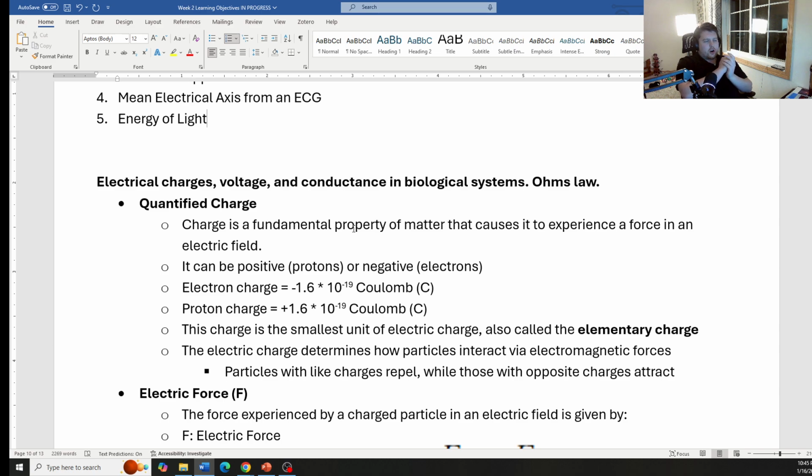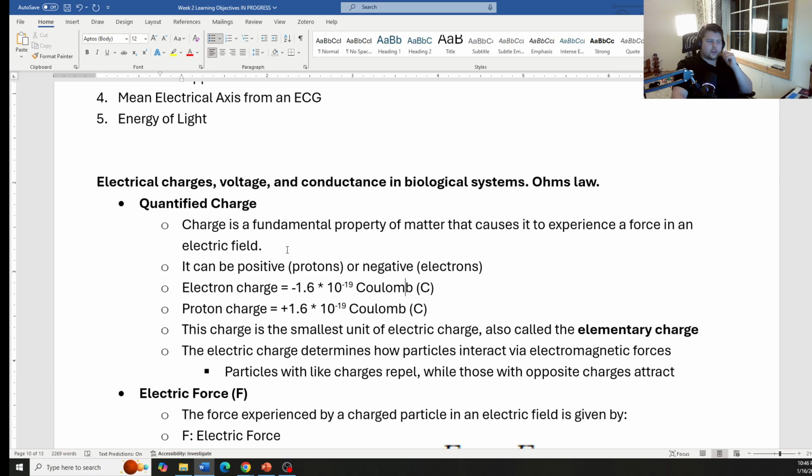With quantified charge, we typically talk about electrons and protons. Electrons have a negative charge, protons have a positive charge. Neutrons are the third component, and they have a net zero charge, so we don't really worry about them at all. And it's the same amount of charge, just negative versus positive. So it's 1.6 times 10 to the negative 19th coulombs. Coulombs is the unit measurement that we use for charge.